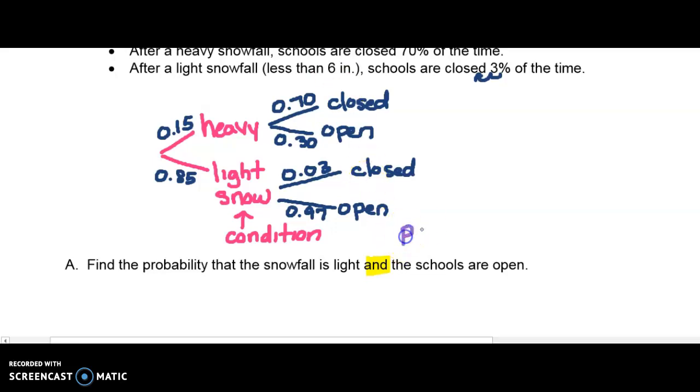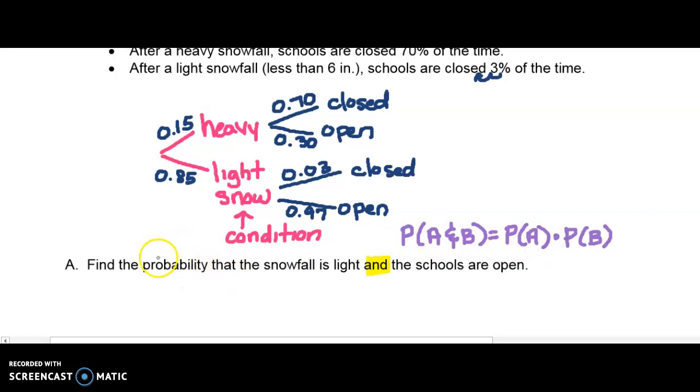So probability that event A and B both occur would be the probability that A occurs times the probability that B occurs. So again, it's multiplication.